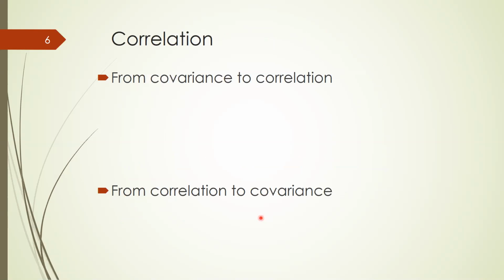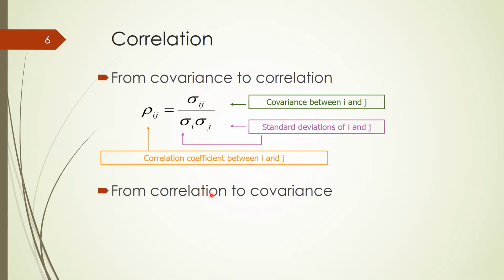Next, let's look at correlation. Correlation is a standardized covariance measure. You take the covariance between asset I and J, scale it by the product of the standard deviations of I and J. That arrives at the correlation coefficient rho ij.